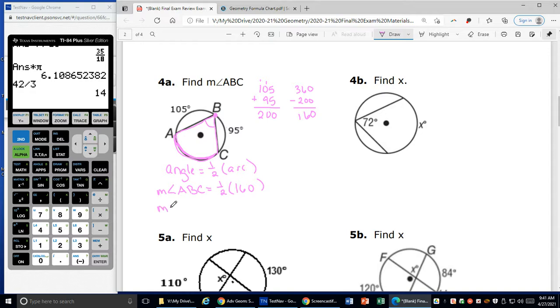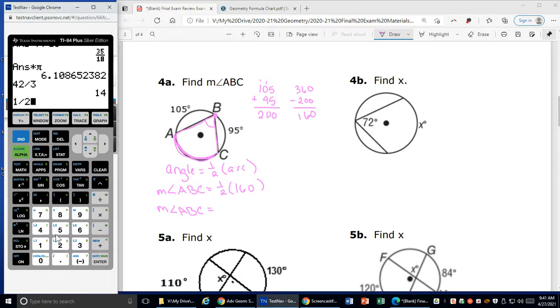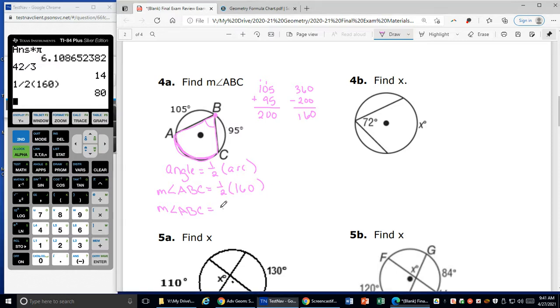So my measure of angle ABC is 1/2 of 160. 1/2 of 160 is 80. So that angle is 80 degrees. The arc is 160. The angle is 80. The angle is half the arc.